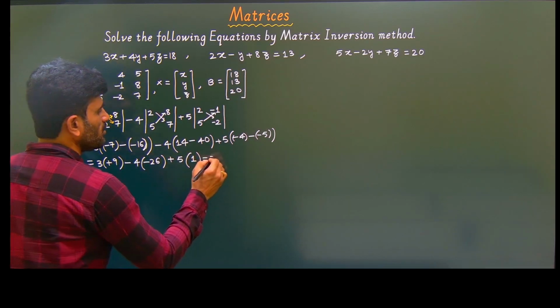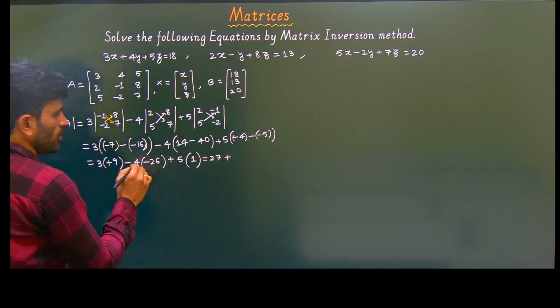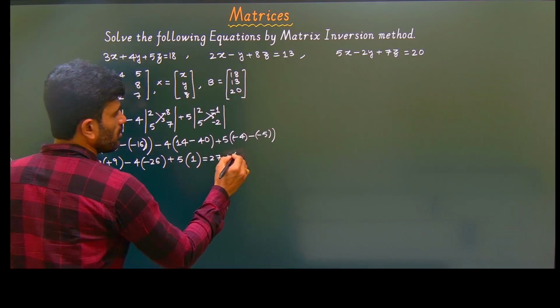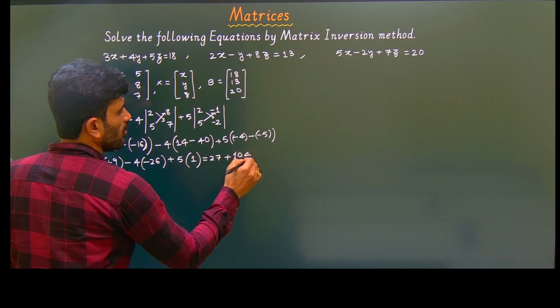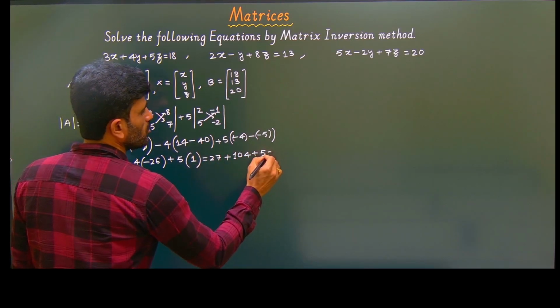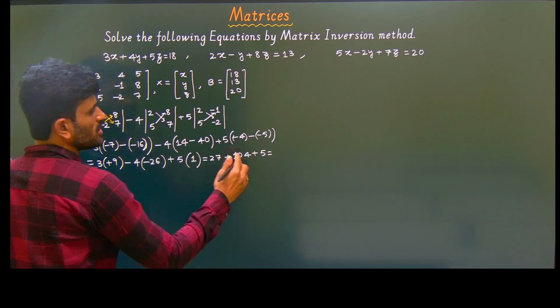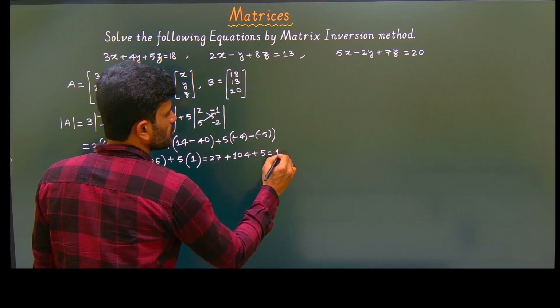So now 3 nines are 27, plus 4 into 26, that is 104, then plus 5 into 1, that is 5. Now the overall result is 27 plus 104 plus 5, which is 136.